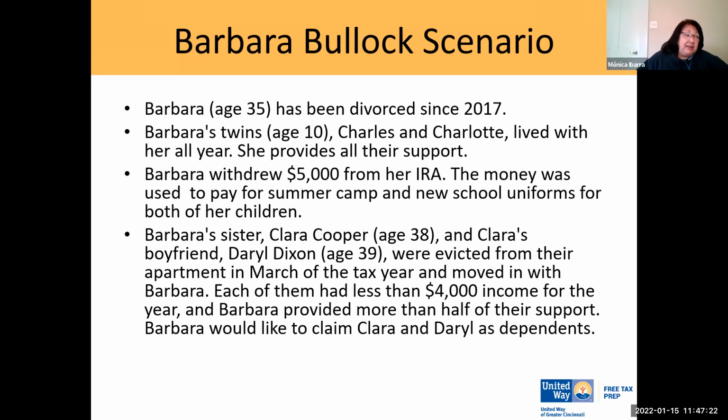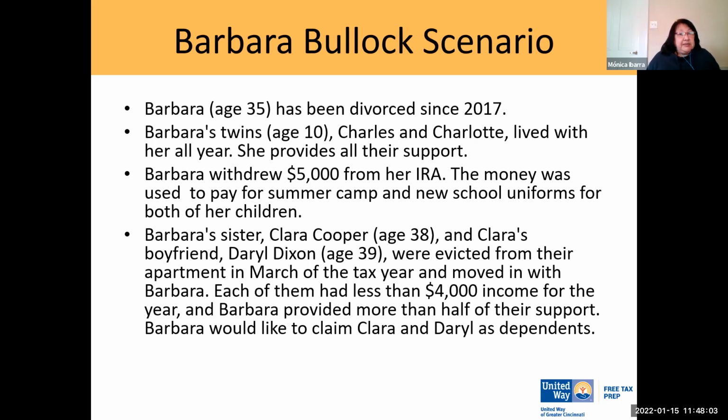She can claim Daryl as a dependent, because if you look on page C1, on the right-hand column, test to be a qualifying relative, in box 2, it says the person either A, and then it talks about what it is, or B, must have lived with you all year as a member of your household, and your relationship must not violate local law. I don't even know what that means, but her sister's boyfriend living with her all year does not violate the law.